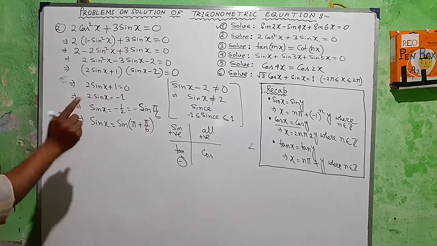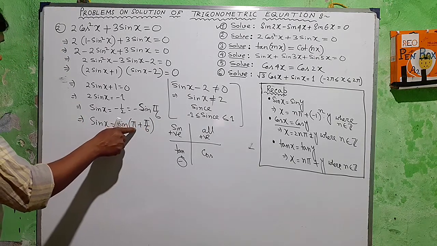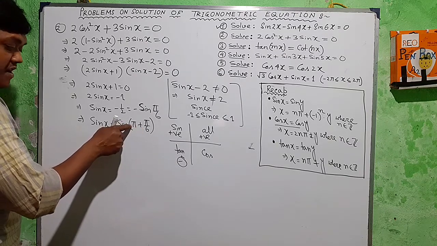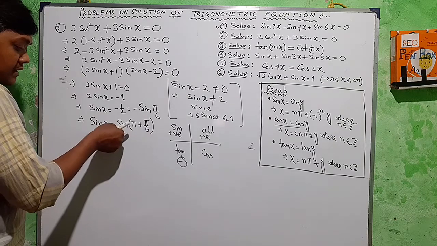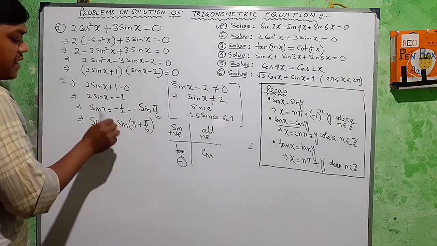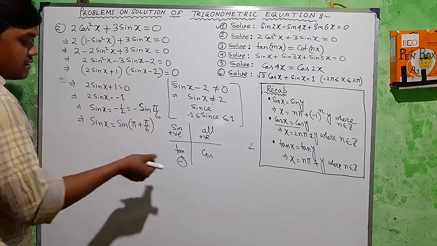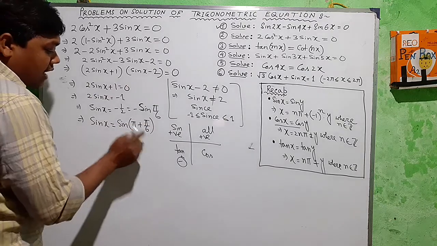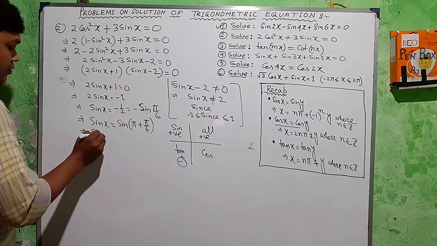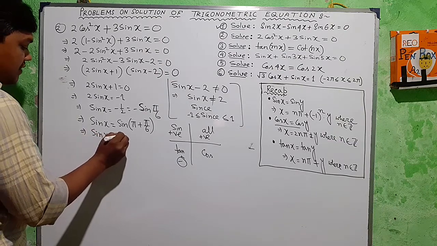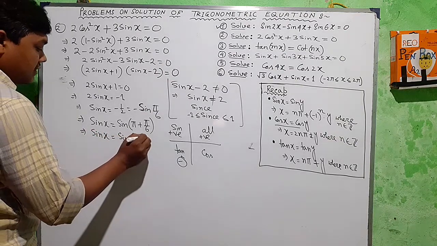Why? Because this is an even multiple of pi by 2 plus pi by 6, so you can easily say sin pi by 6, and the sign of the sine function is minus because this angle lies in the third quadrant. So sin x equals sin 7 pi by 6.